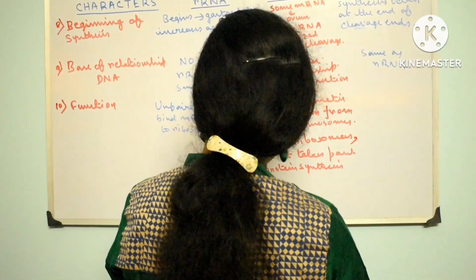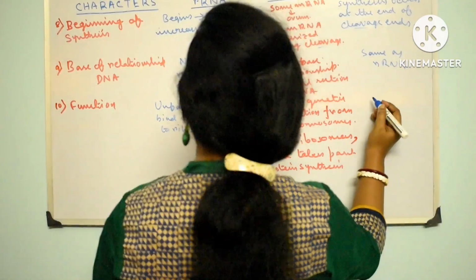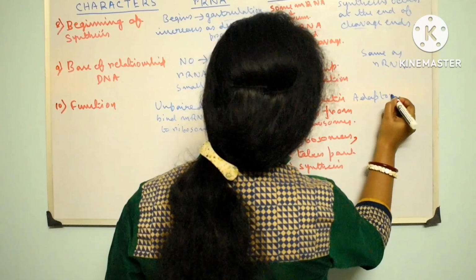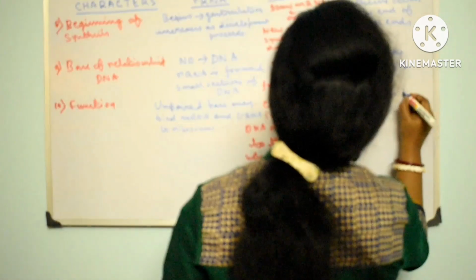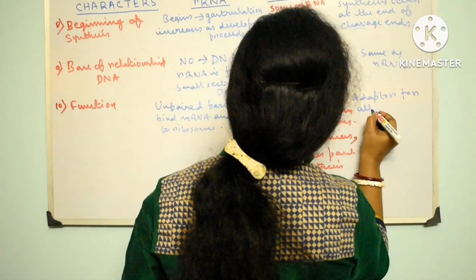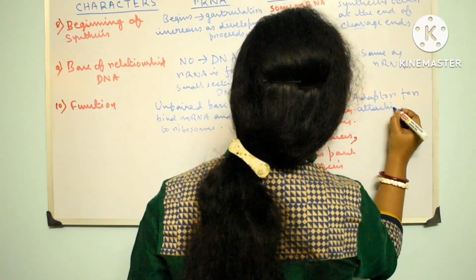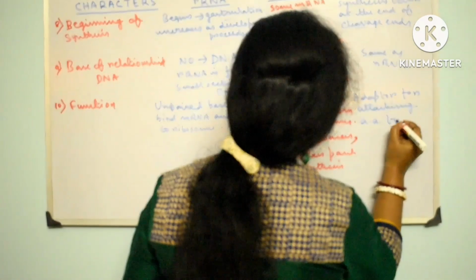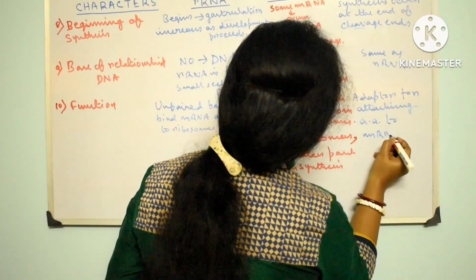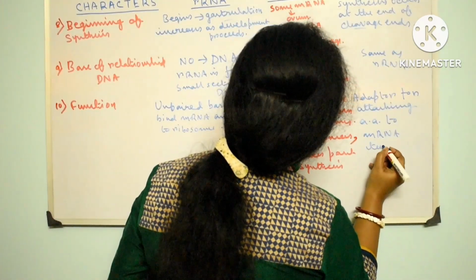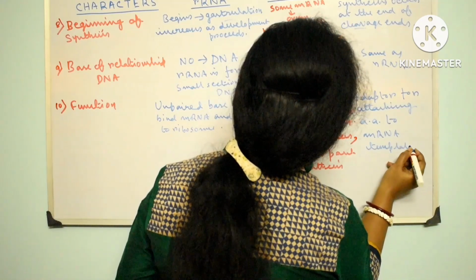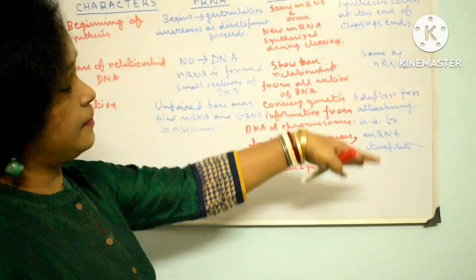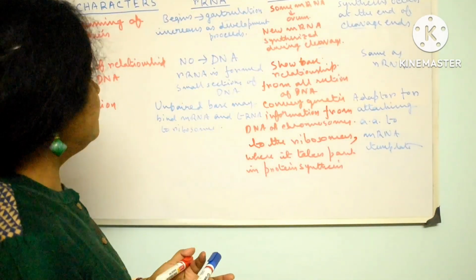And what about tRNA? It acts as an adapter for attaching amino acids to the mRNA template. So this is the brief summary of these three types of RNA.